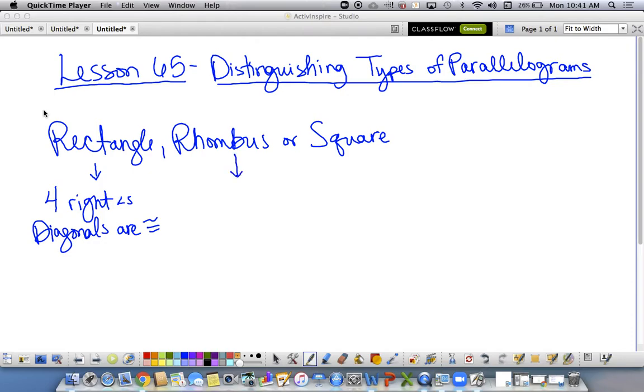What about a rhombus? What made a rhombus a rhombus? Parallelogram, yes, but it has 4 congruent sides. All the side lengths are congruent. There were 2 things about the diagonals that we need to remember for a rhombus. Diagonals that bisect each other are for all parallelograms.